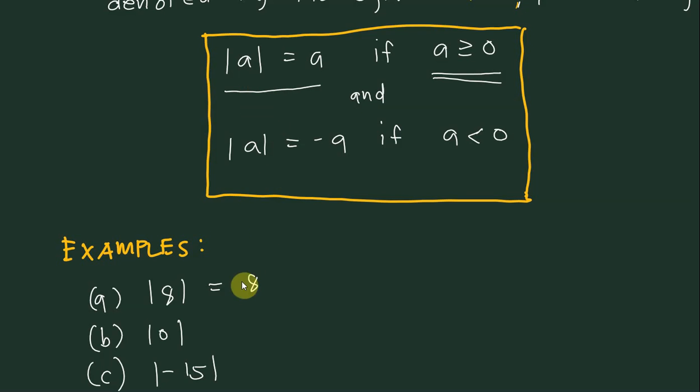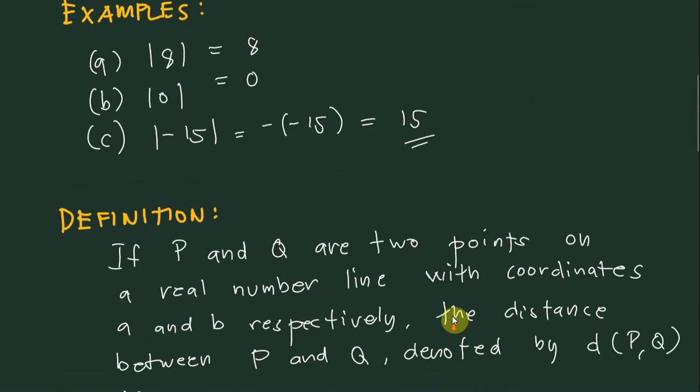Therefore, the absolute value of 0 is 0. Then the absolute value of negative 15 falls under this definition: if A is less than 0, the absolute value of A is negative A. So negative negative 15, what we have here is positive 15. That's how you apply that definition.